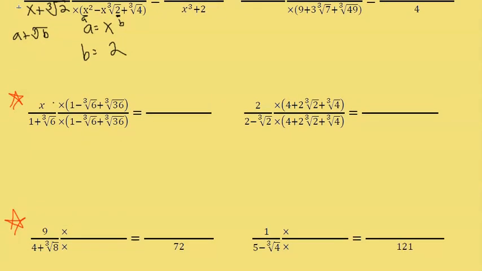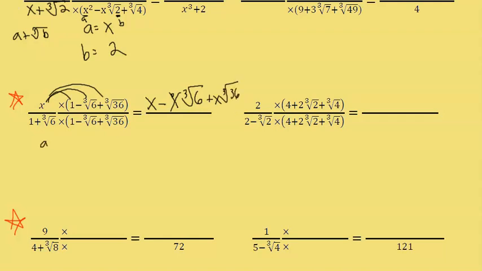So for this one, we're just multiplying this out and finding the products. So x times 1 is x. X times cube root of 6 with a minus in front of it is a minus x cube root of 6. And the x times cube root of 36 is going to be plus x times cube root of 36.